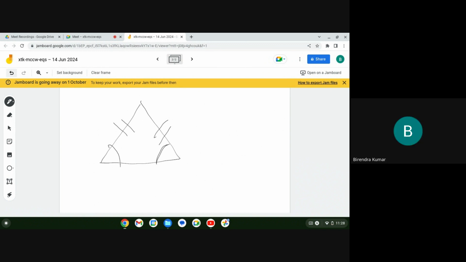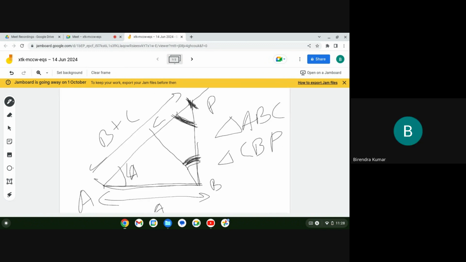So now you go back to what I was showing here. I made this angle and this angle the same. So what I did was I actually made this CBP an isosceles triangle. So that means this side, CP, is equal to CB, meaning this side is equal to this side.